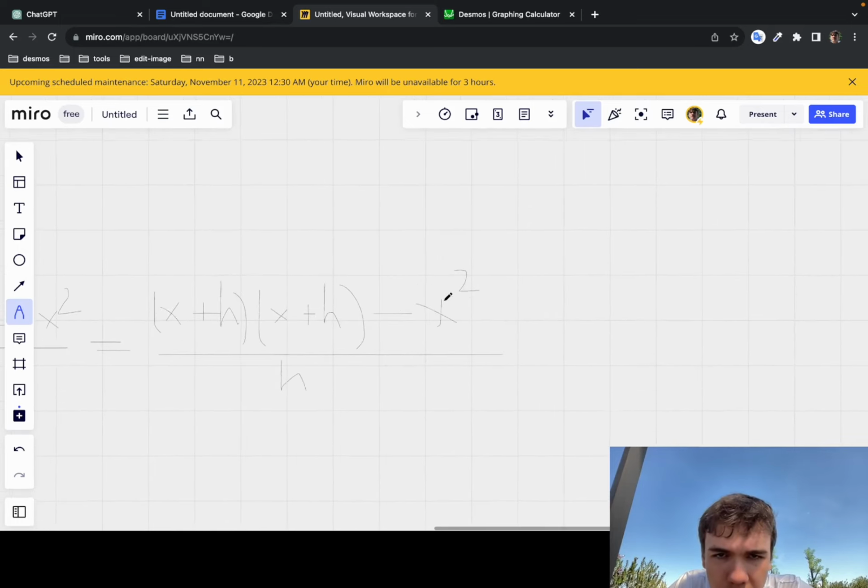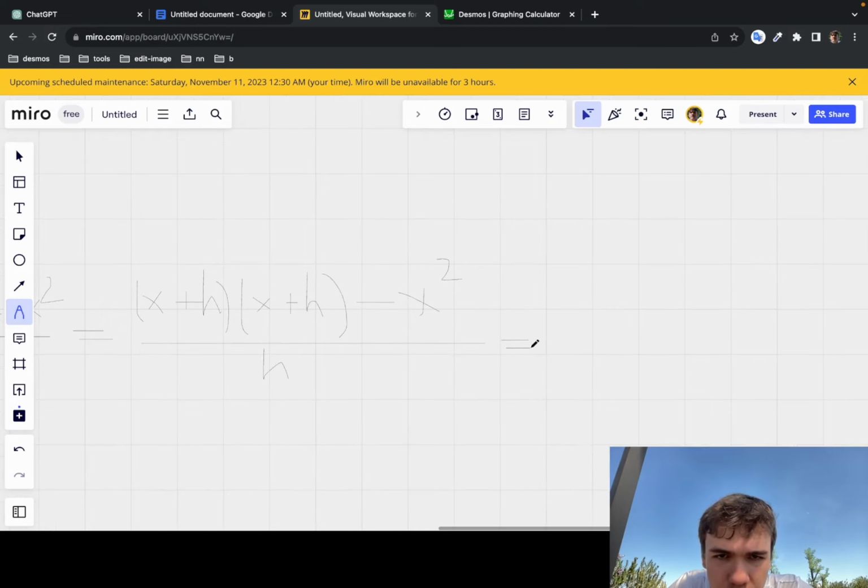So x multiplied by x is going to be x squared. So first I get x squared. Then I want to multiply x by h, so it's going to be plus xh. If I then continue, multiplying by hx, this is going to be the same, xh.